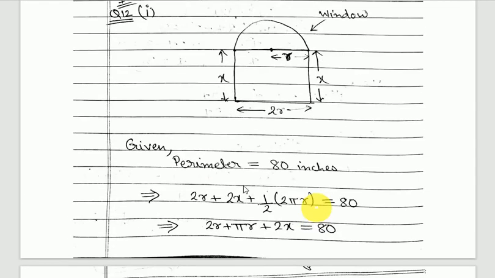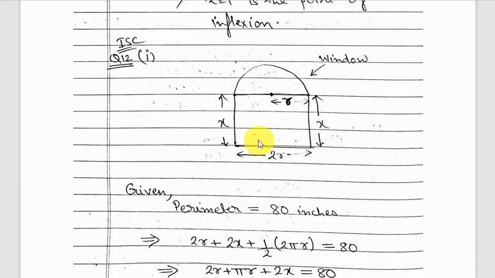You know that we are looking for the length and breadth of the rectangle so that the maximum amount of light can pass through this window. The maximum amount of light will pass only if the area of this window is maximum. Yes or no?